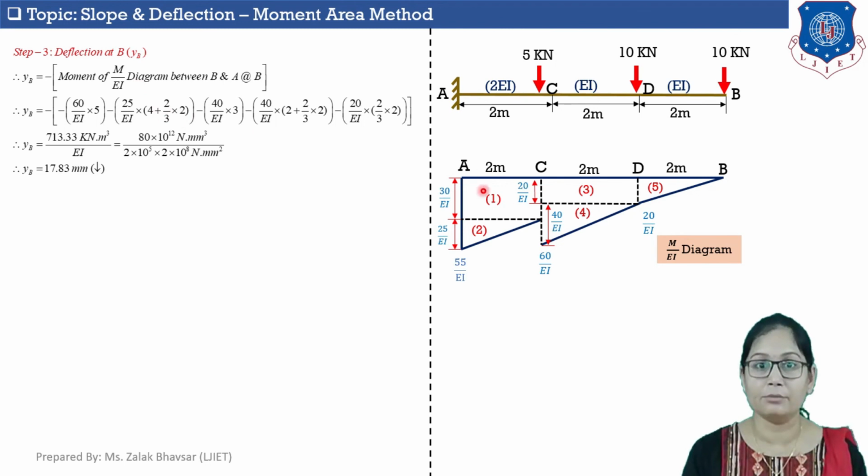So here is the moment of the second shape about point B. Now the moment of the third shape about point B is area, which we already calculated, it is 40 upon EI into 3. 3 is the distance of CG of shape number 3 from point B, which is 2 meter plus 2 by 2, so it is 3.